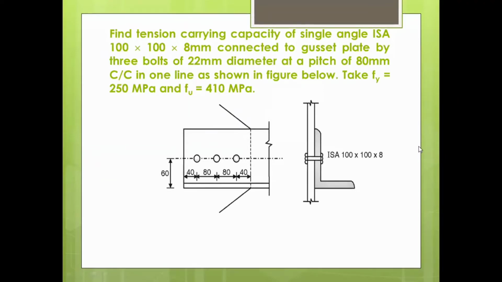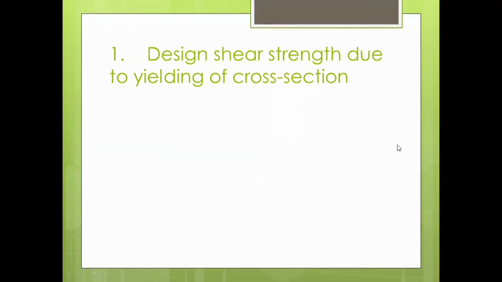So let us start with the steps. Carefully see, if you have not understood anything, you can ask in between. Whenever we have to evaluate the tension carrying capacity of any section, it is evaluated in 3 different ways because there are 3 different failure mechanisms.